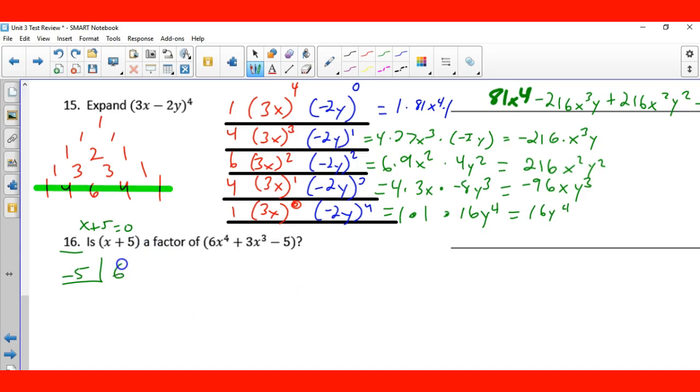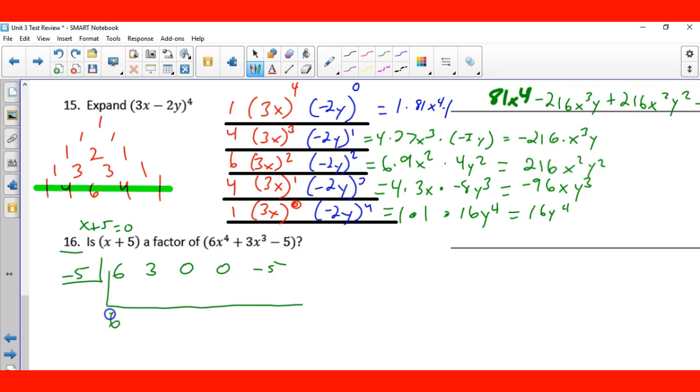So I'm going to go with the coefficients: 6, 3, then notice there's no x squared, so I'm going to put 0. There's no single x, so I'm going to put 0, and then negative 5. So 6, 3, 0, 0, negative 5.